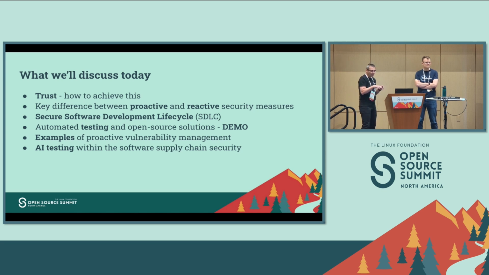I will show quickly high-level examples how we handle security controls in our Red Hat pipeline. Then Ralph will do an amazing demo of how we'll do it in reality. And after that, very quickly, we will show two real examples of how we use what we do during the build time in our real work and how we can do proactive vulnerability management in reality.